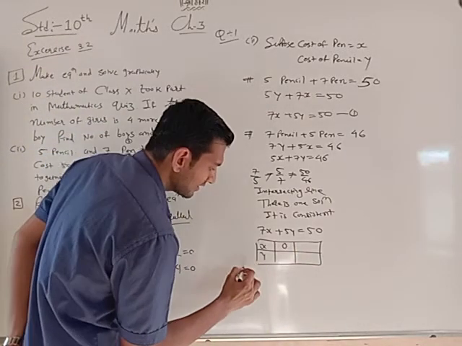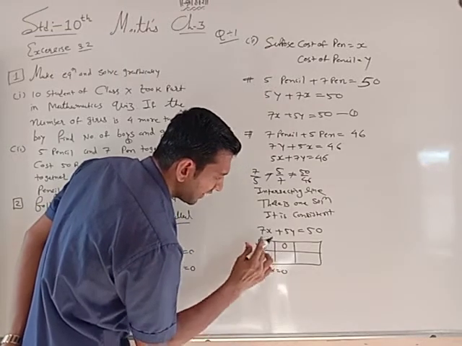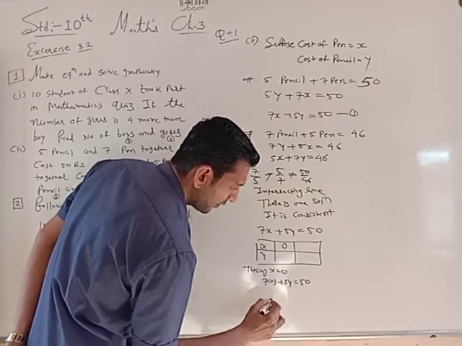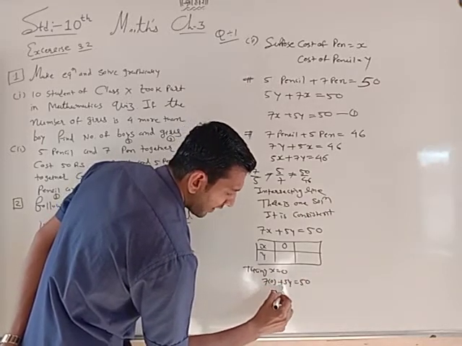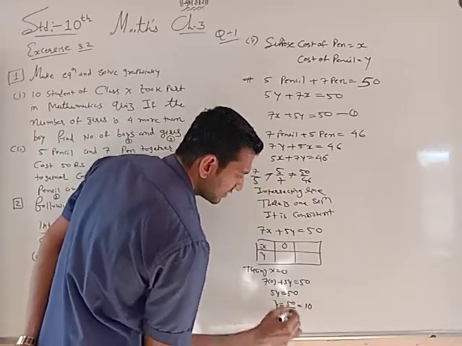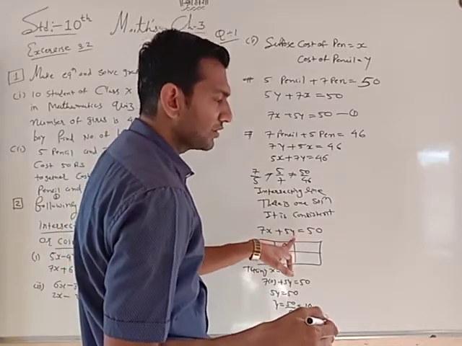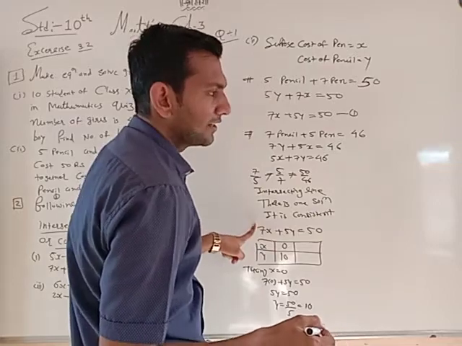Then you get 7 into 0 plus 5y is equal to 50. So 7 into 0 is 0, so 5y is equal to 50, y is equal to 50 by 5, which is 10. Now if you take y is equal to 0, you get x is equal to 50 by 7.